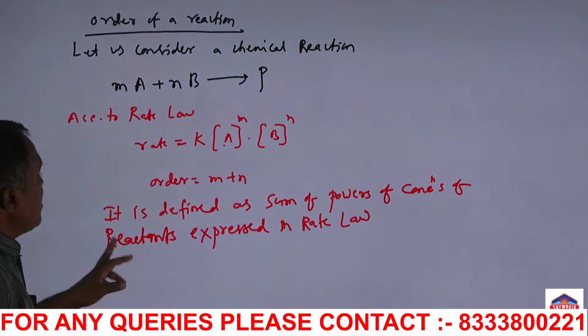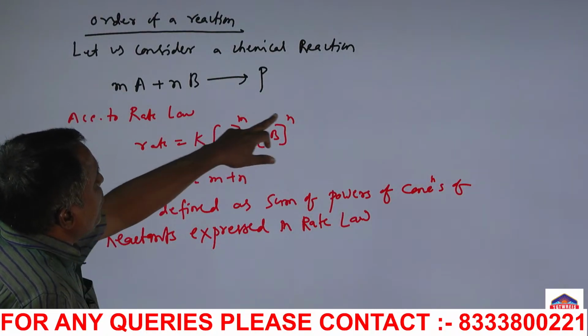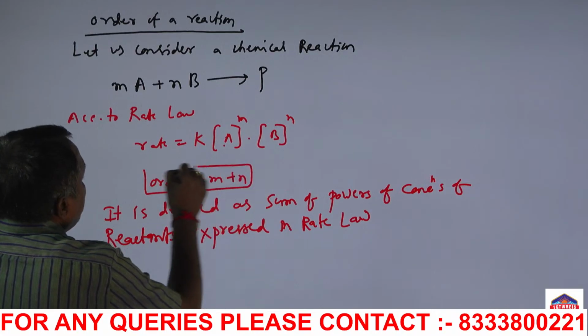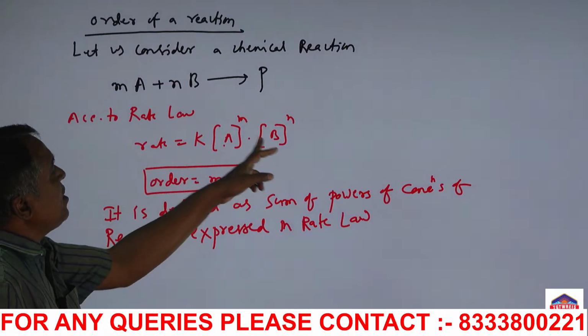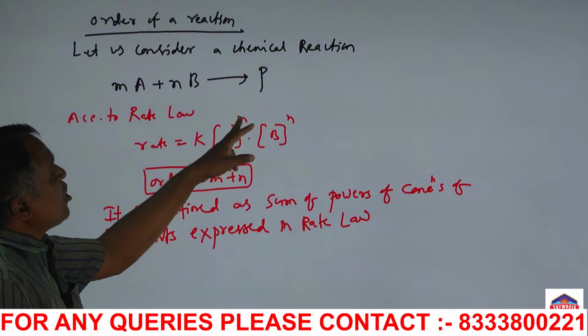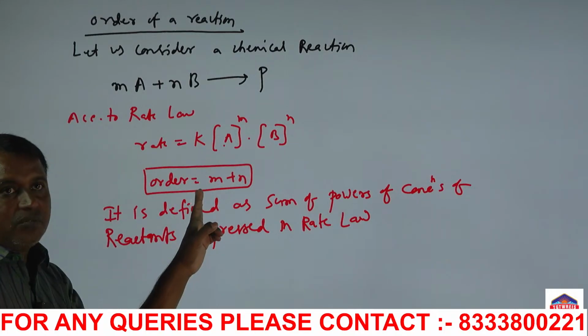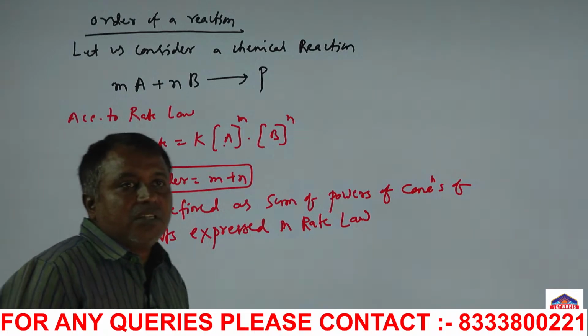Based on this definition, what will be the order now? Sum of powers means m plus n is the order of this reaction. Therefore, the sum of powers of concentrations of reactants expressed in rate law is nothing but the order of a reaction. In the next class we will discuss the remaining part.